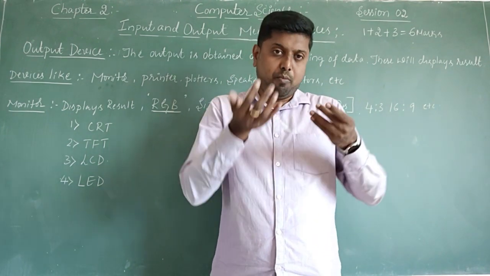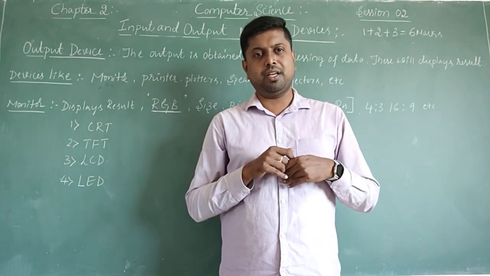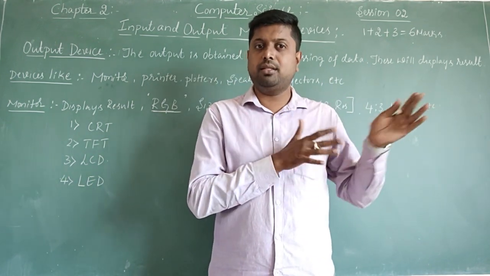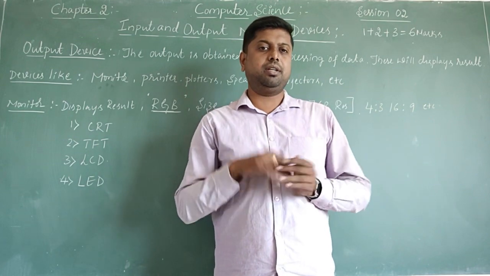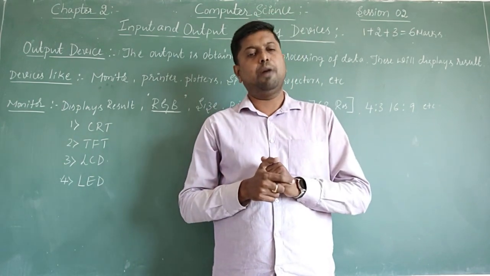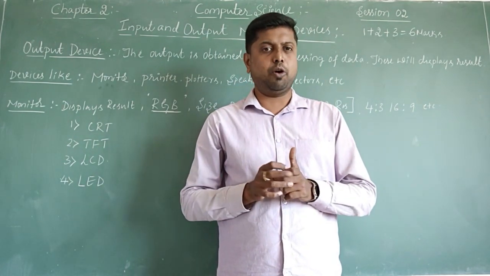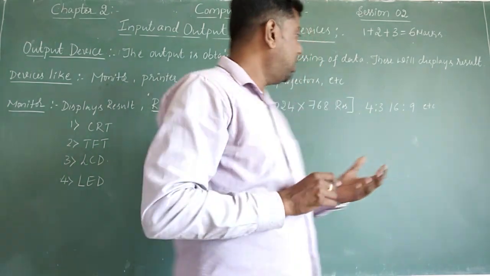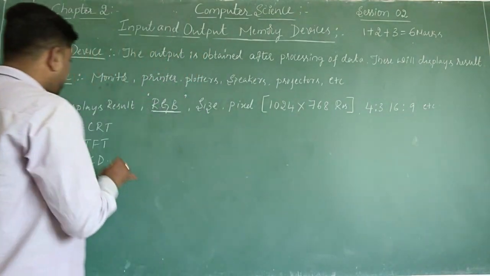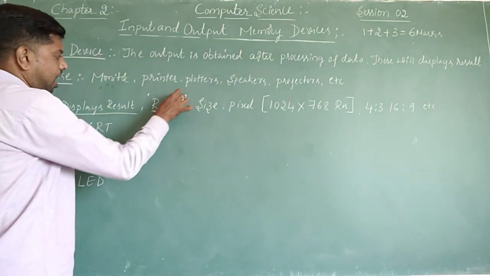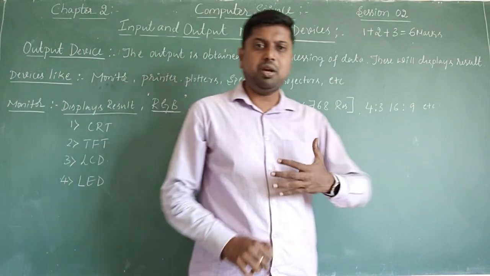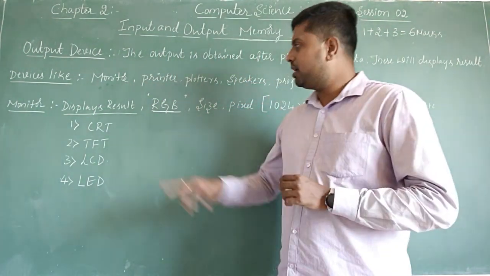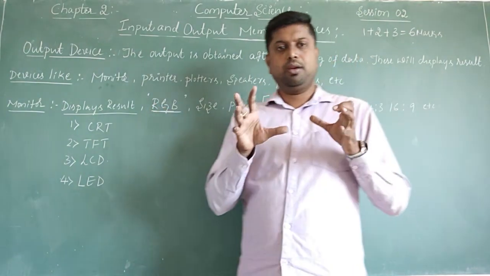Then in the monitor we have some different categories based on its working principle as well as its configuration. We classify it into 4 different types of monitor. Let us discuss that. How the monitor is classified, and what is special in a monitor: that is RGB, a very important concept for the monitor, the color combination of red, green and blue.